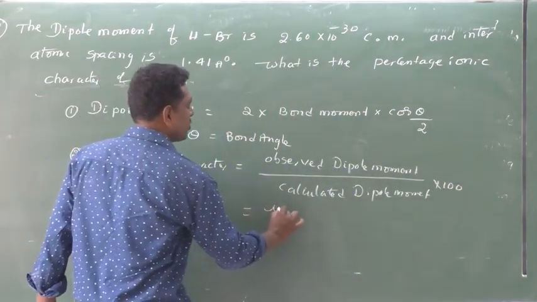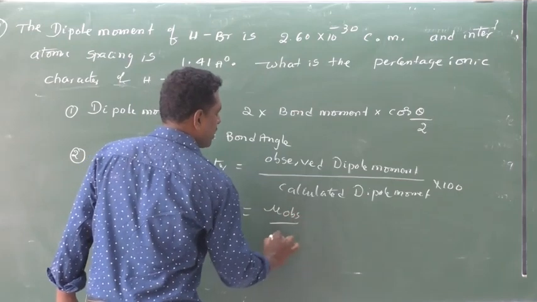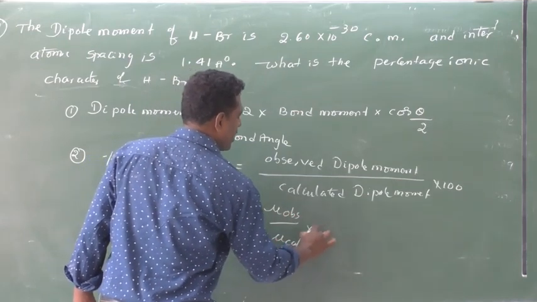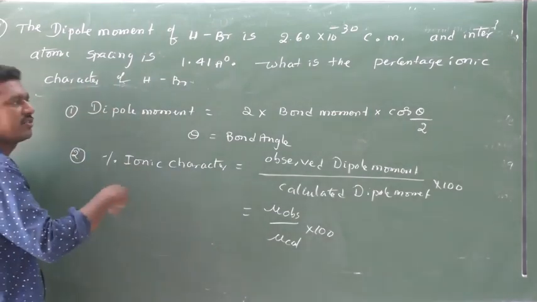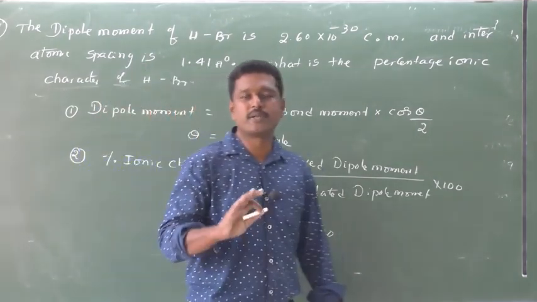So therefore, mu observed by mu calculated into 100. Based on these formulas we will do the problems.